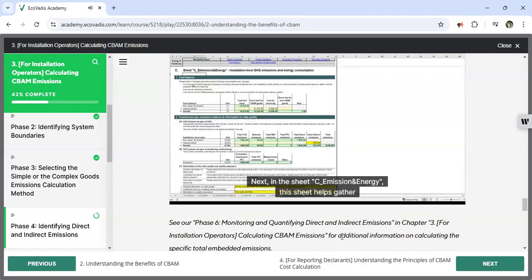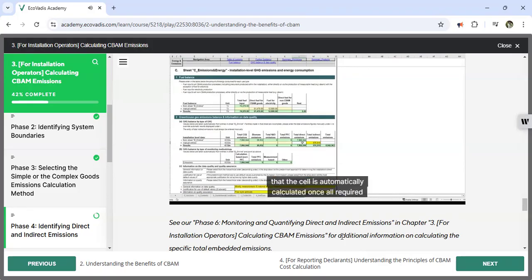Next, in Sheet C, Emissions and Energy. This sheet helps gather information on the fuel usage, greenhouse gas emissions balance, and information on data quality. Firstly, the total direct emissions is displayed in cell L25. The cell is highlighted in green.